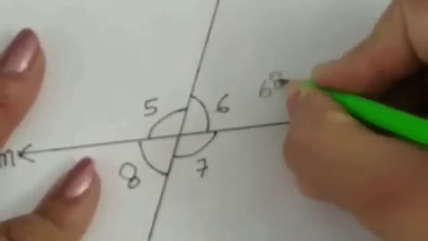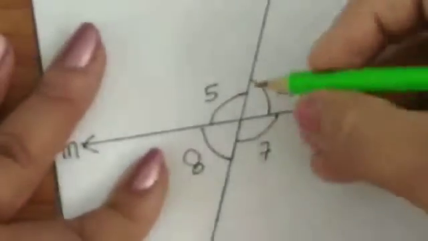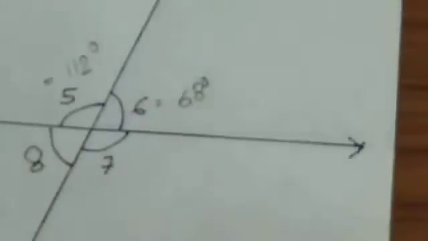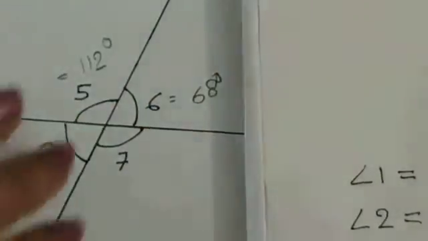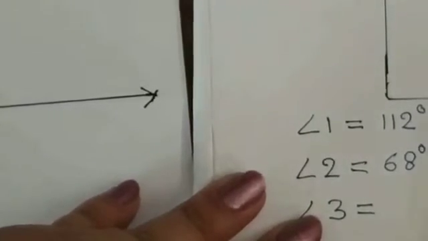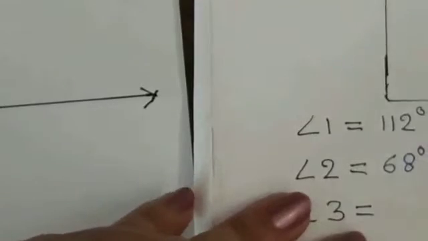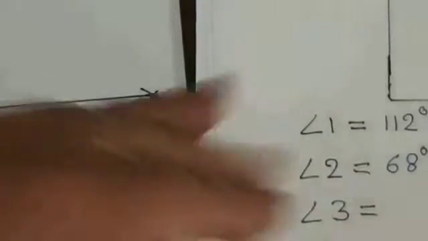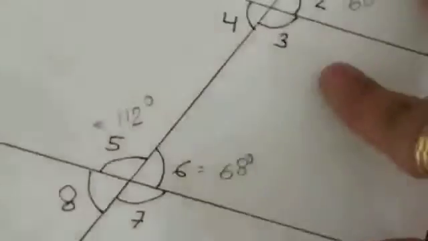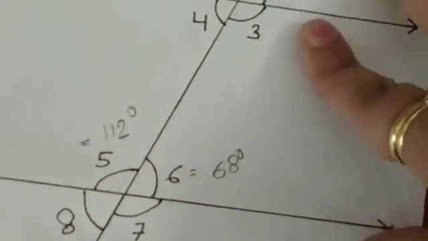Your angle 6 is 68 degrees and angle 5 is 112 degrees. Clear? So I am writing here that angle 5 is 112 degrees, angle 6 is 68 degrees. In the same manner, students, we will measure angle 3, angle 4, angle 7 and angle 8.